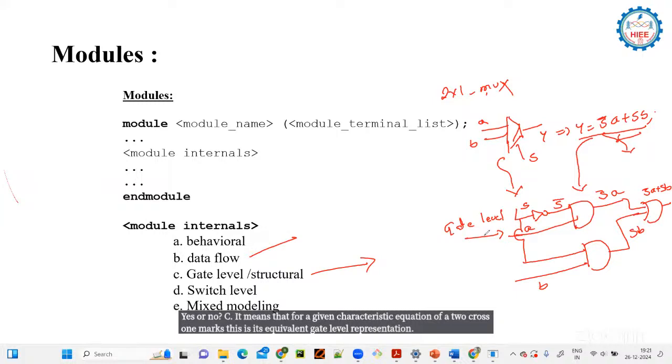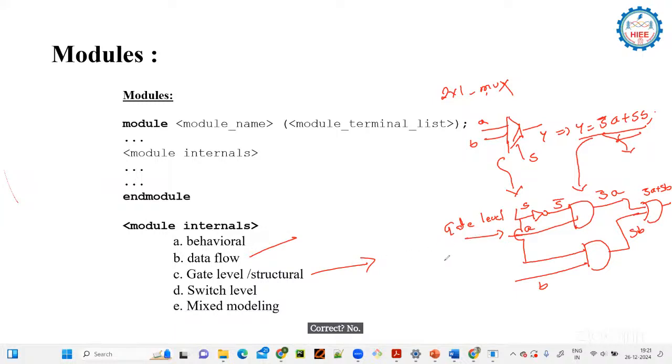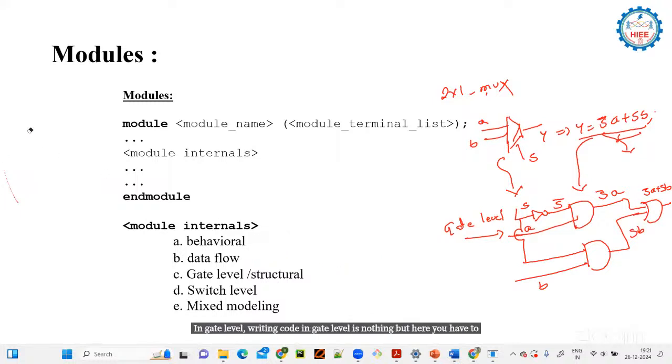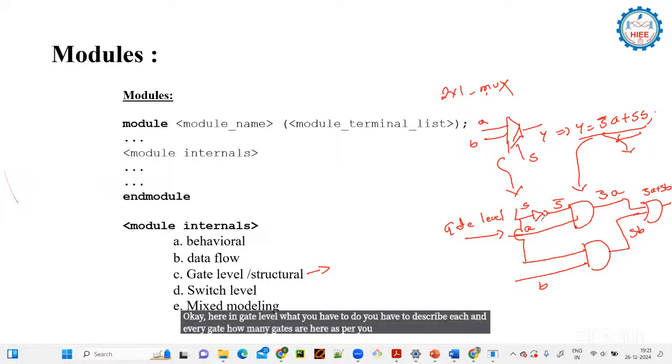Now, if I want to write code for this in gate level, you have to describe each and every gate. How many gates are here? 1, 2, 3, 4.